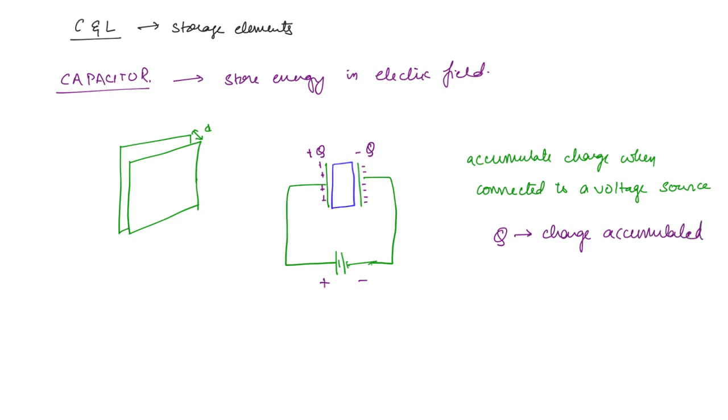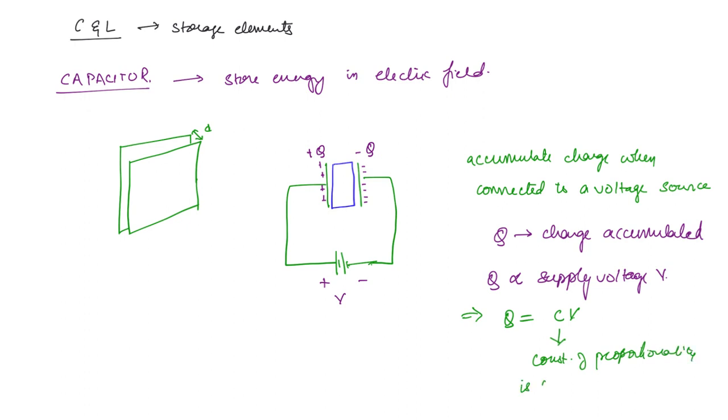Now let us say the voltage that is supplied is V, then the charge accumulated is going to be proportional to the supply voltage V. So the greater the voltage, the greater the amount of charge that will be accumulated. If you equate it, Q is equal to C into V. What is C here? It is the constant of proportionality for this relationship, and this constant of proportionality is called capacitance.